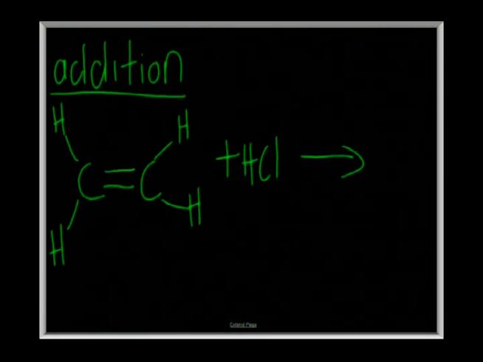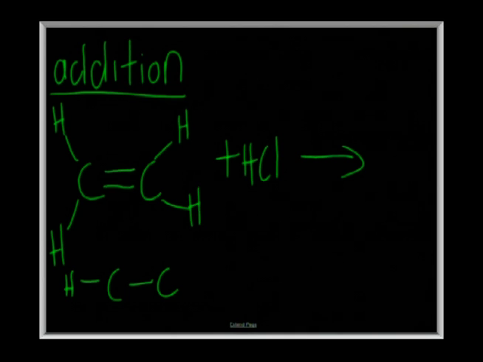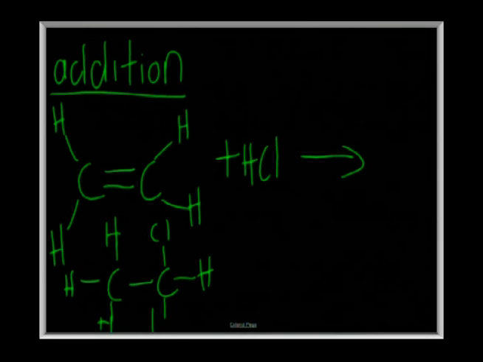What happens now is I've got two things on the left-hand side, but on the right-hand side, I'm only going to have one thing because the double bond in between the two carbons is going to break. One of the carbons is going to accommodate the hydrogen, and the other carbon is going to accommodate the chlorine. So I've added something new to this compound, therefore making it an addition reaction.